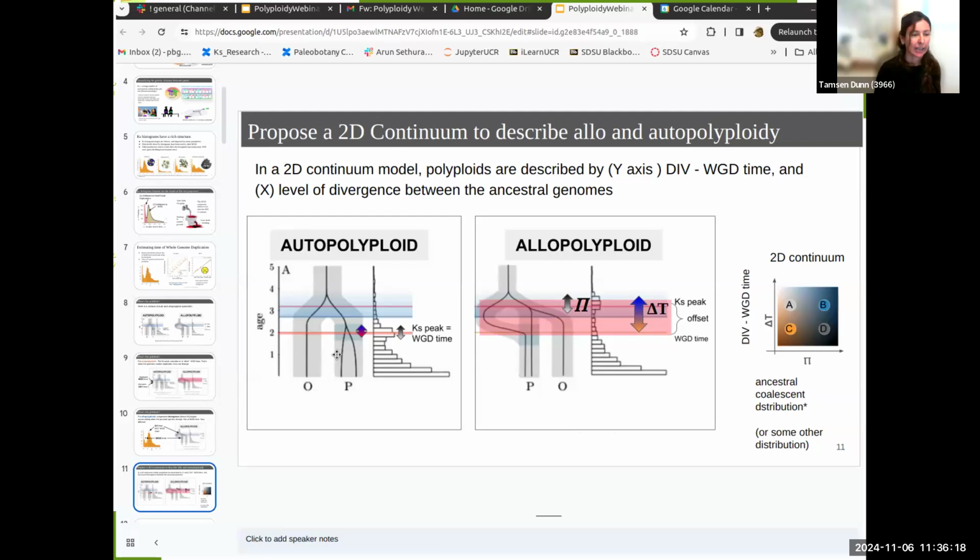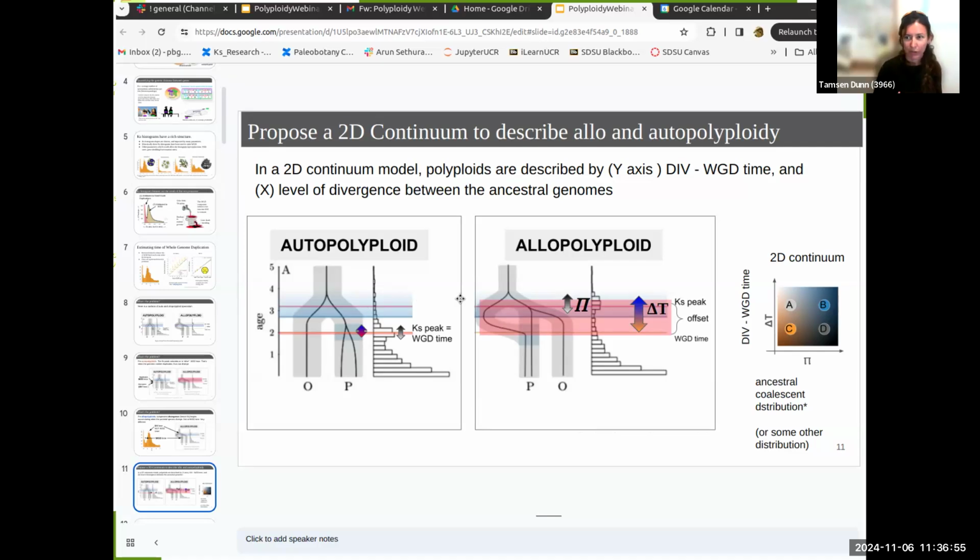And when we want to model it and figure out how to recreate those KS histograms, we're going to have to take these factors into account. So we need a way of describing allo and autopolyploids, not just as a 1D continuum, but as at least a 2-dimensional continuum where you can take into account the difference between divergence time and whole genome duplication time, and then also the distribution of the ortholog coalescence for either the allopolyploid or the autopolyploid case.